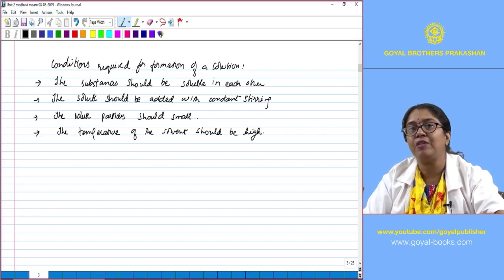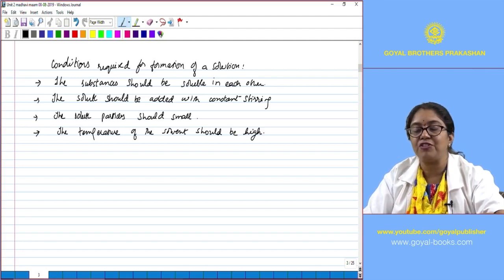At the same time, the kinetic energy of the particles is going to be more, and so the rate of dissolution will also be faster. Is that clear, children? So these are the 4 conditions required for formation of a solution.